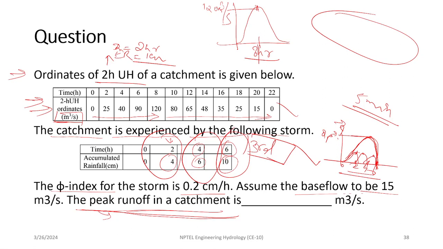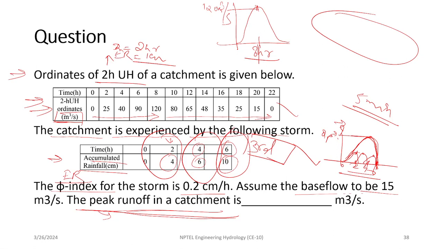So can you tell me how we can determine the effective rainfall ER value? For the time being, what we have been given is accumulated rainfall, right? It is not an effective rainfall. Effective rainfall will always be a kind of surface runoff, you can say, a runoff depth.